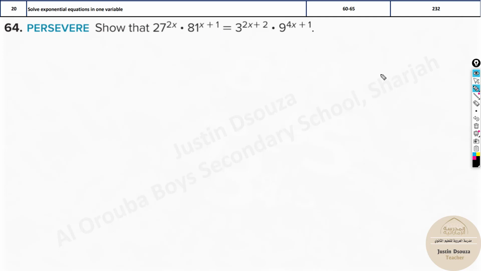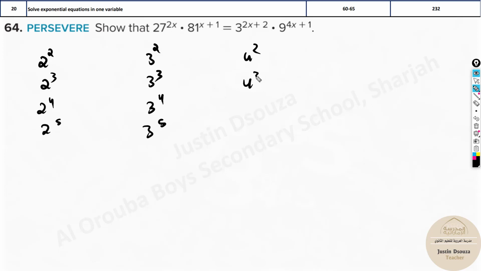Now, to solve this problem, you need to know certain things. Whenever this kind of problem comes, I always write certain numbers: 2 to the power 2, 2 to the power 3, 2 to the power 4, 2 to the power 5. 3 to the power 2, 3 to the power 3, 3 to the power 4, 3 to the power 5. Same with 4 squared, 4 cubed. At least you should know 2 to 3 values, like till 4 to the power 4. Now I'll write it over here.